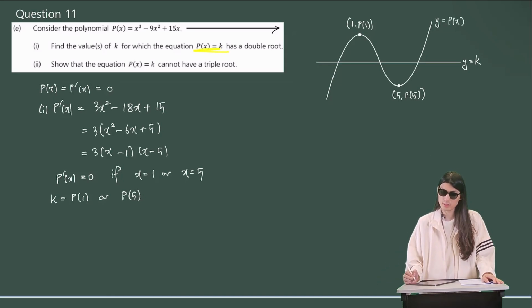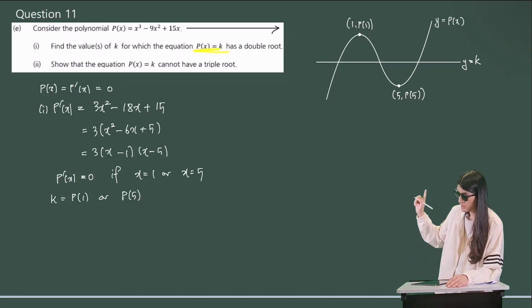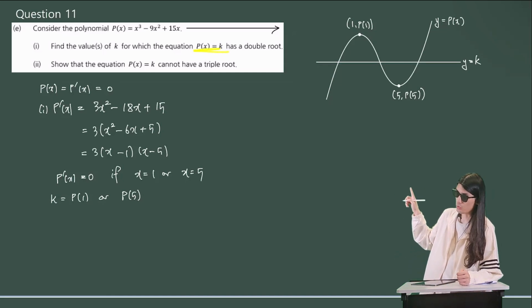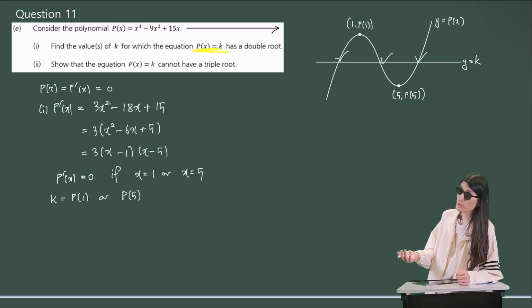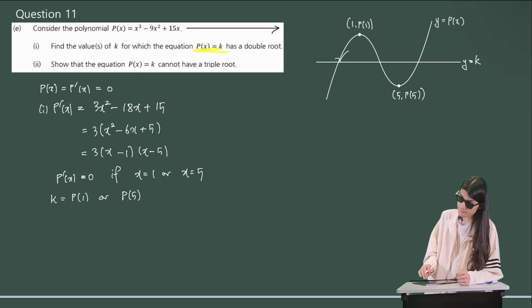And of course, if k is at the value that I have drawn, if k is right there where I've drawn it, the equation p(x) equals to k would then have 3 distinct solutions, none of which would be a double root, right?